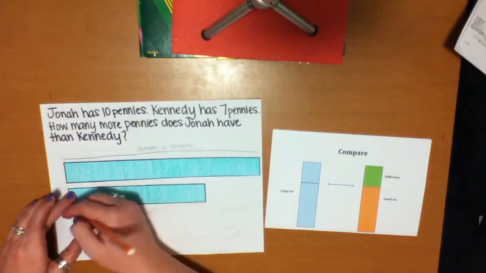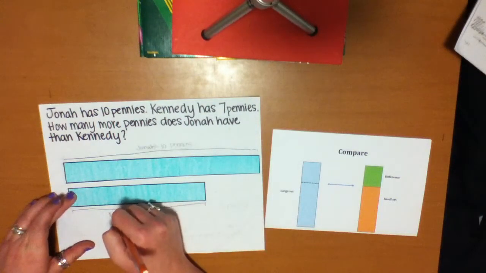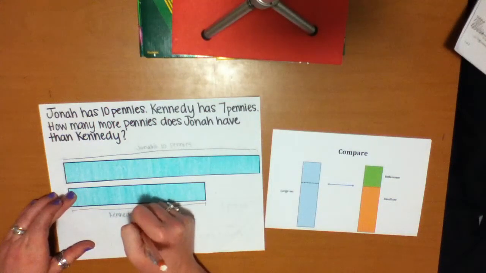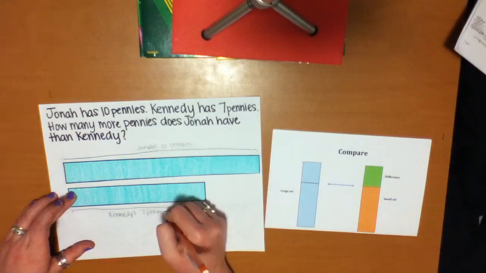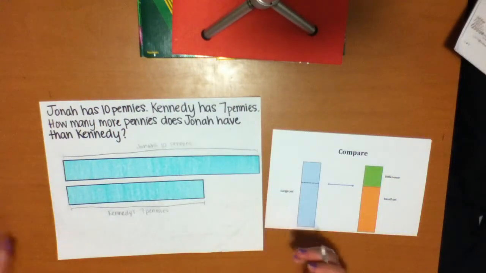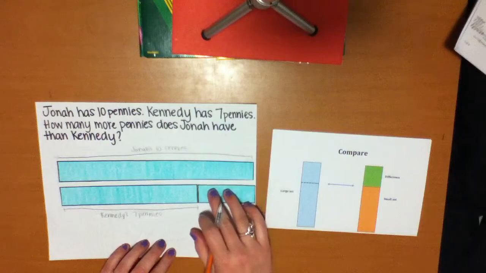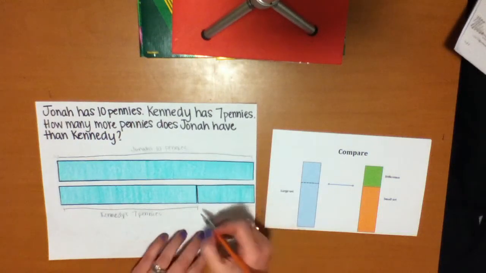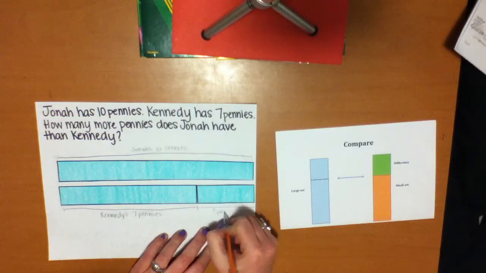So I'm going to label that Kennedy's 7 pennies. Now that we have both of our sets that we are comparing, we need to solve for the smaller piece known as the difference. And since we're unsure of what the difference is, I'm going to label that with a question mark labeled pennies.